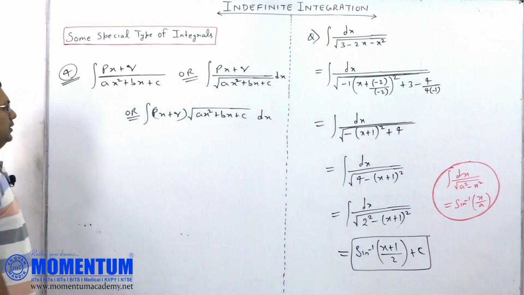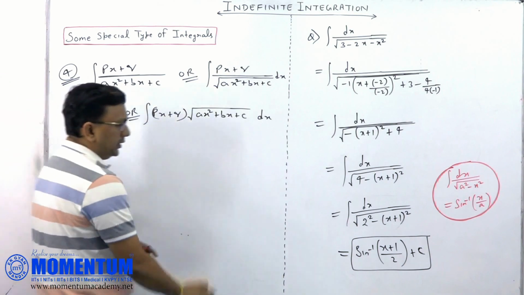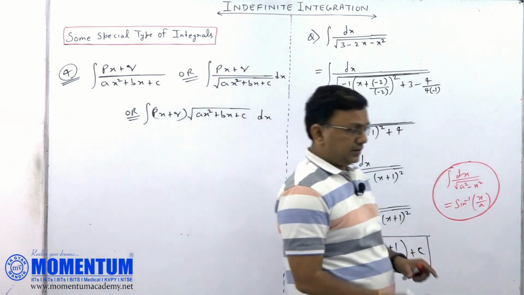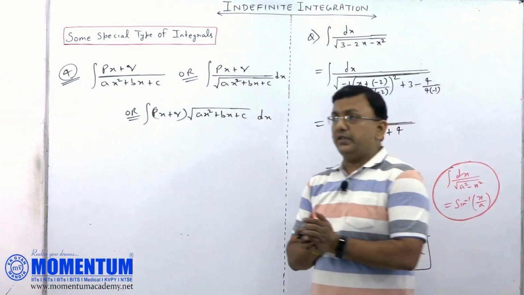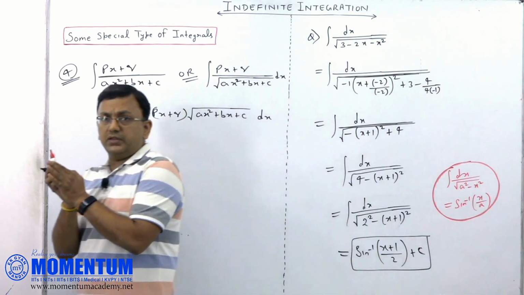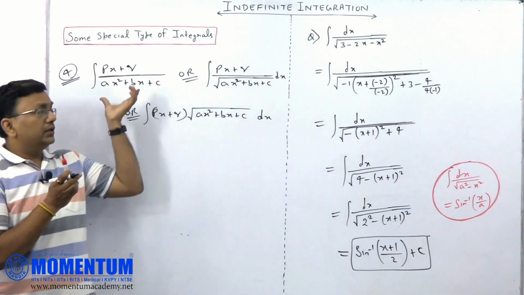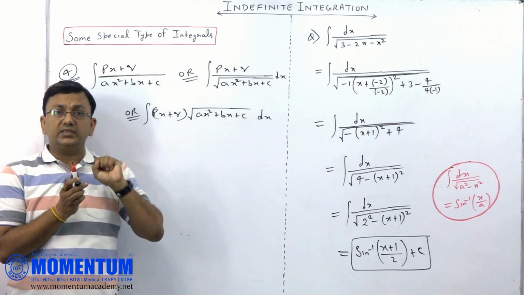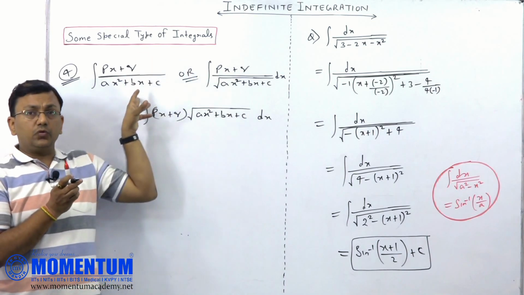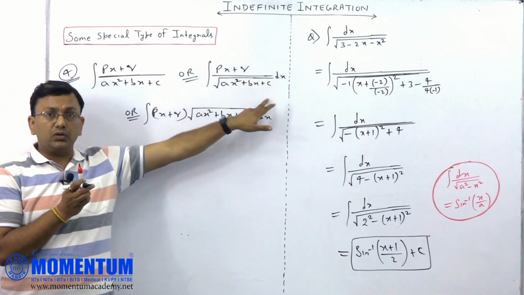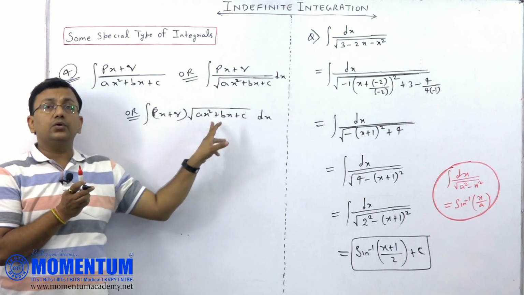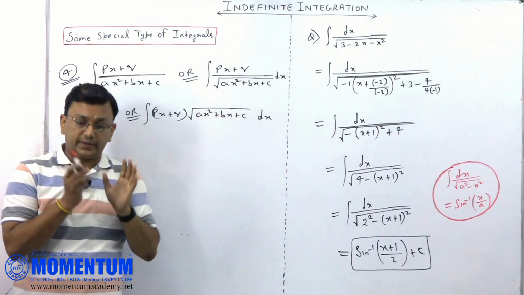Fine. If we have any of these integrals, first of all, check the difference between this and the previous one. In the previous one, there was only quadratic, but this time linear upon quadratic, linear upon square root of quadratic, linear into square root of quadratic.